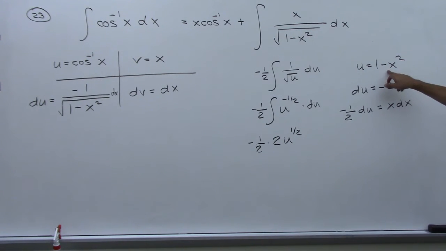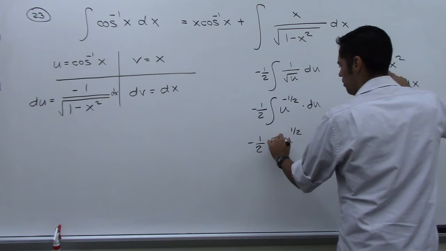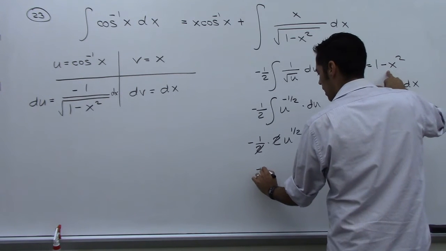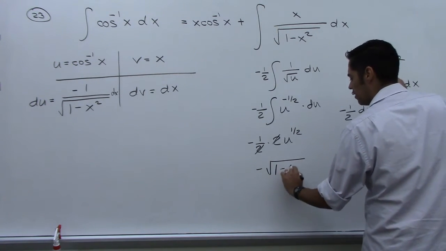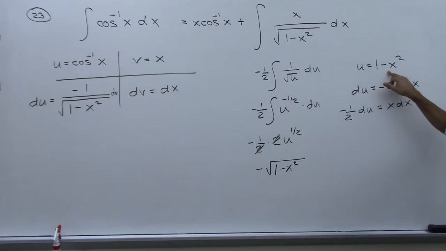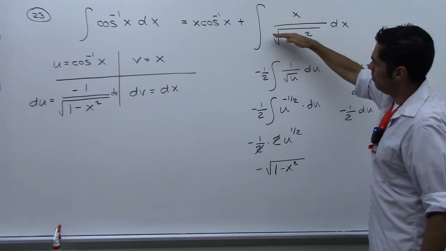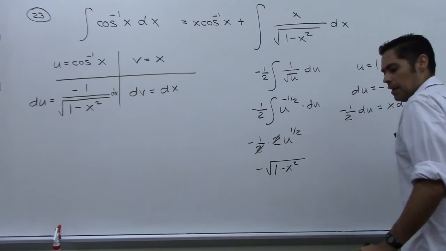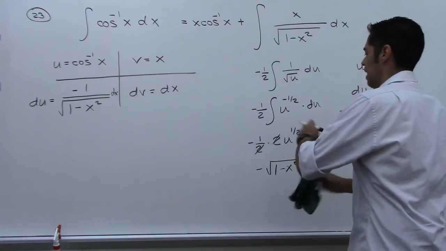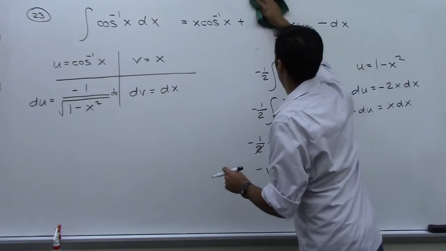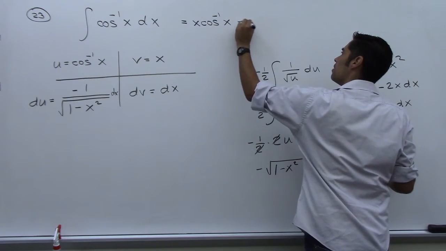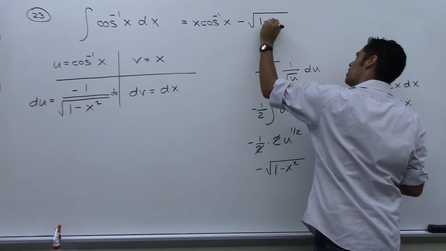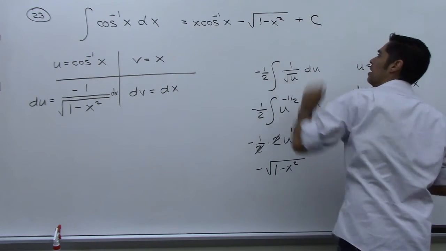But remember, u is this. So the 2's are going to cancel here, and we'll just get negative square root of u, which is 1 minus x squared. So this whole integral becomes this, plus a c. So my answer should be, that plus is going to change to a minus because of this, minus square root 1 minus x squared plus c.